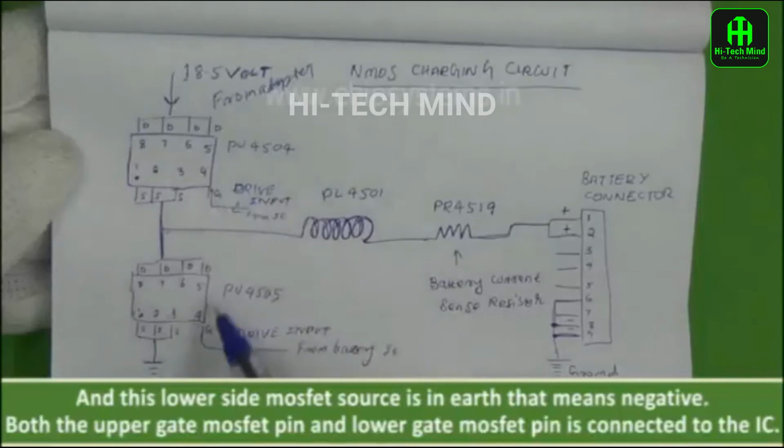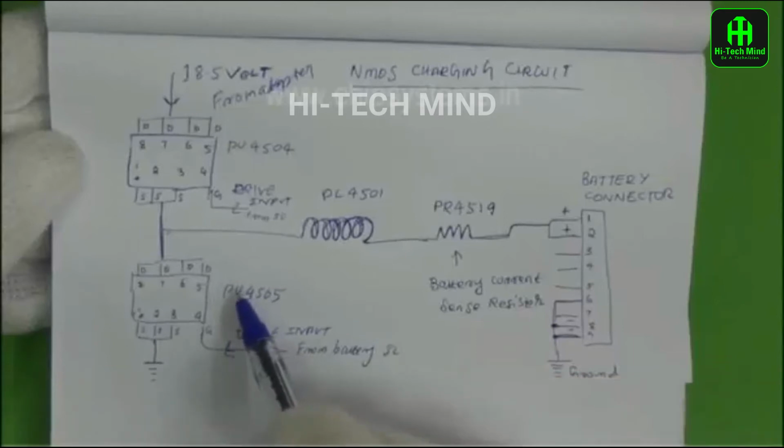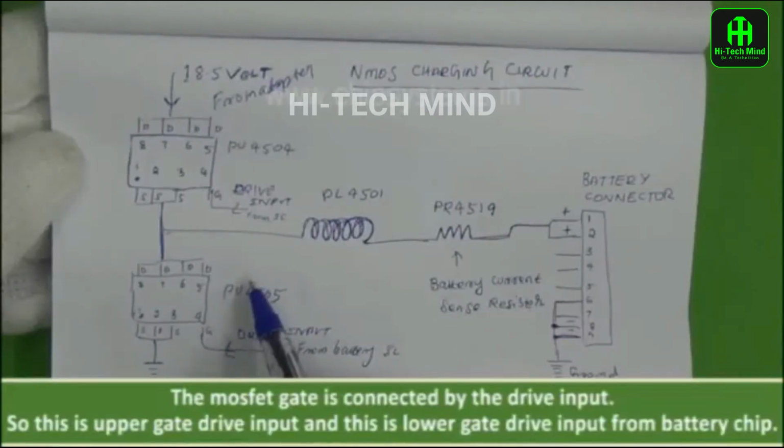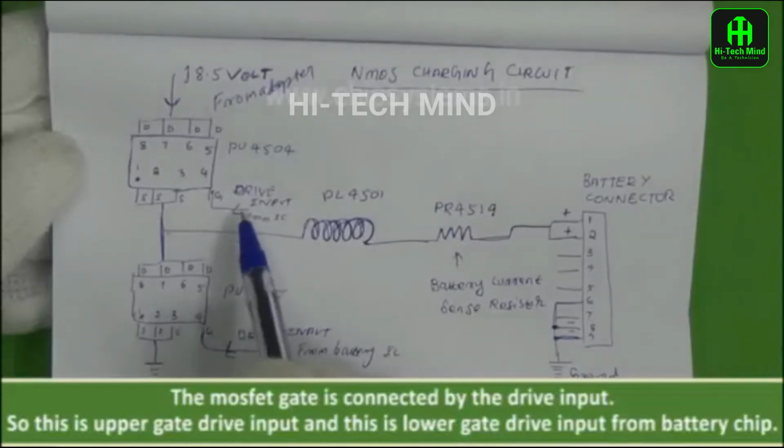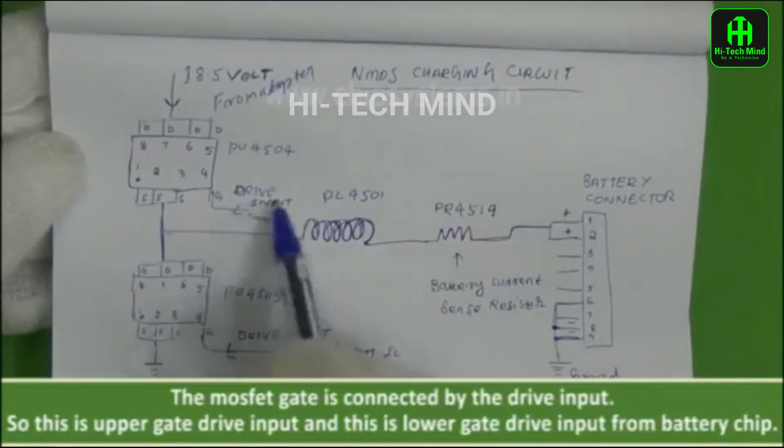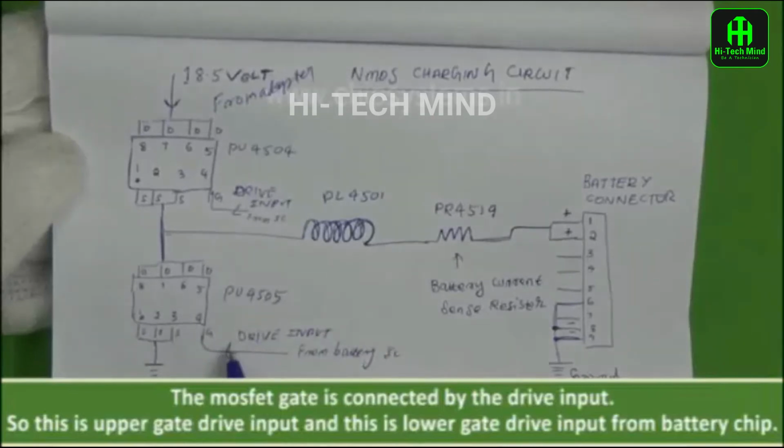Both the upper gate MOSFET pin and lower gate MOSFET pin are connected to the IC. The MOSFET gates are connected to the driver inputs. So this is the upper gate driver input and this is the lower gate driver input from the battery chip.